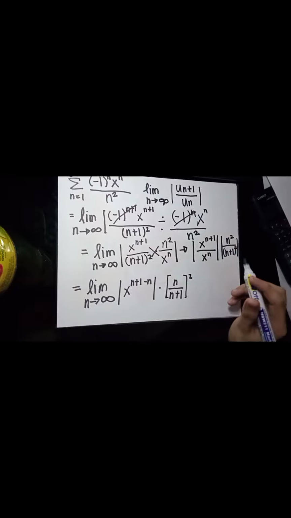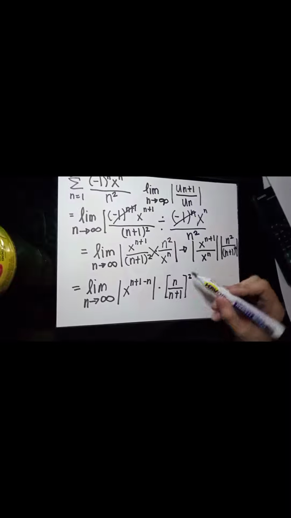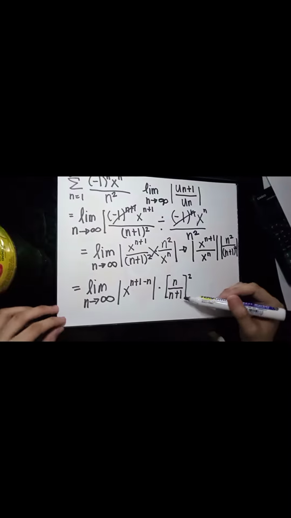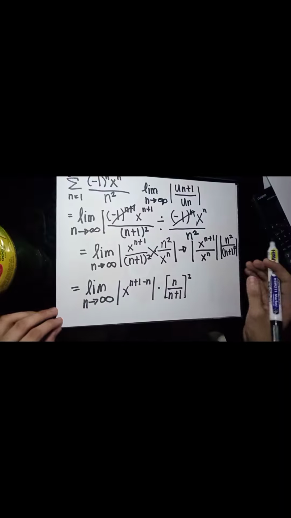So this will equal the limit as n approaches infinity of absolute x raised to n plus 1 minus n times absolute n over n plus 1 raised to 2.